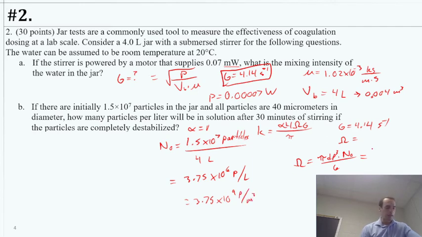So we put all that in, and we should get a value of 1.26 times 10 to the minus 4th for our value there. And that is unitless.